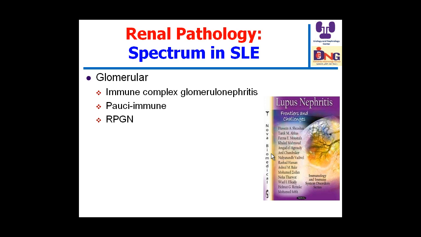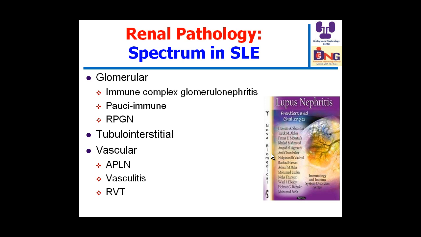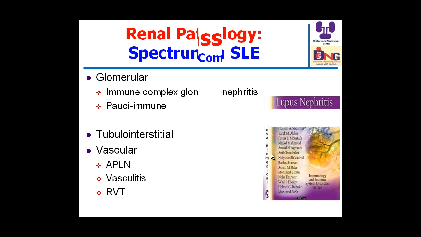Rapidly progressive glomerulonephritis, tubulointerstitial lupus nephritis, vascular lupus nephritis, and under vascular you can find antiphospholipid nephropathy, vasculitis, renal vein thrombosis. This means that all components of the kidney can be affected by pathological process in lupus nephritis.